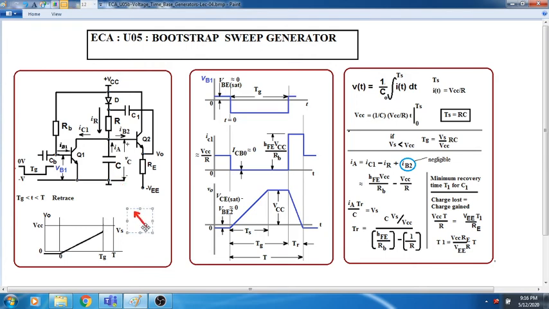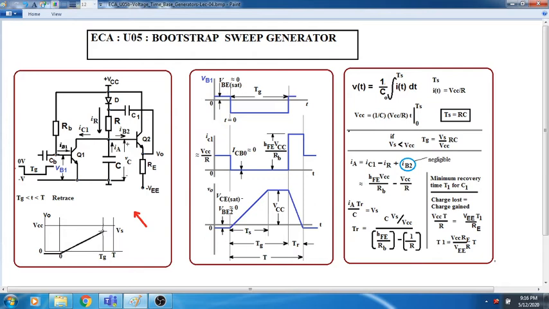Now what is our objective? Our objective now is to find out the rate of fall such that the current in the capacitor becomes 0. That means the retrace. What is retrace? During the trace it reached a voltage Vs, and during the retrace, because the capacitor is now connected to Q1, the charge will start reducing.